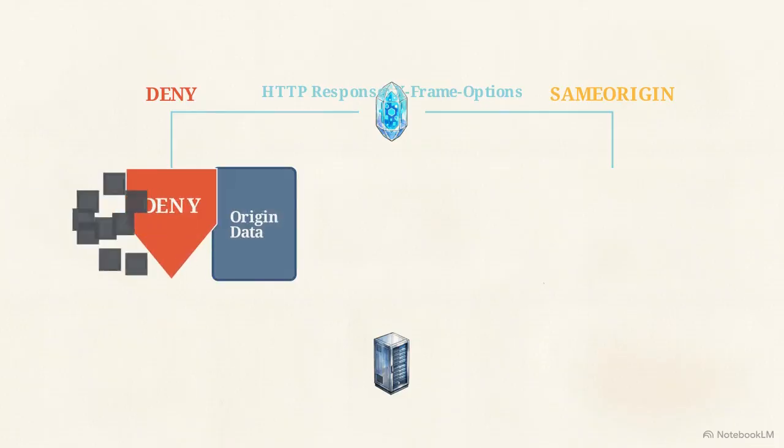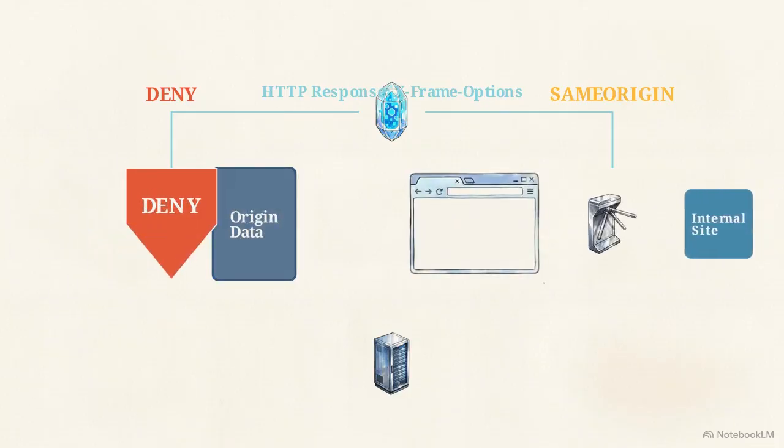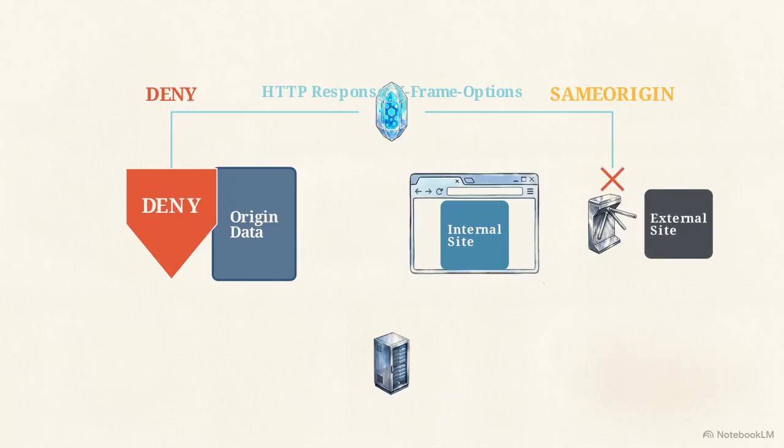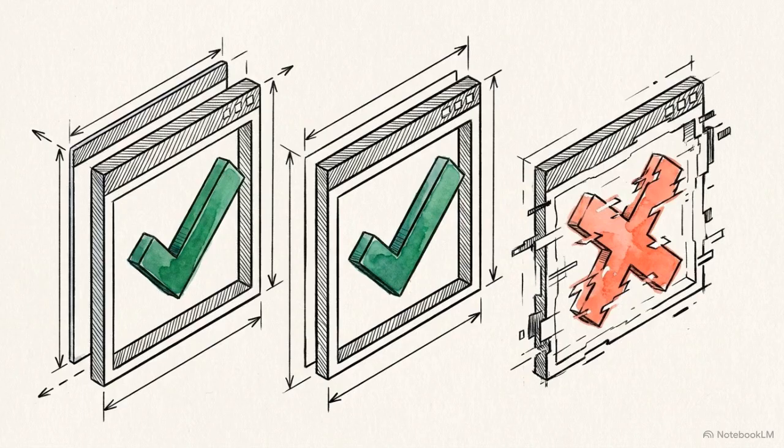The legacy approach uses the X-Frame-Options header. A server can issue a deny directive to block all framing globally, or a same origin directive to restrict framing to internal architecture. While X-Frame-Options is effective, it suffers from inconsistent browser implementation and lacks the granular control required by complex, modern application architectures.